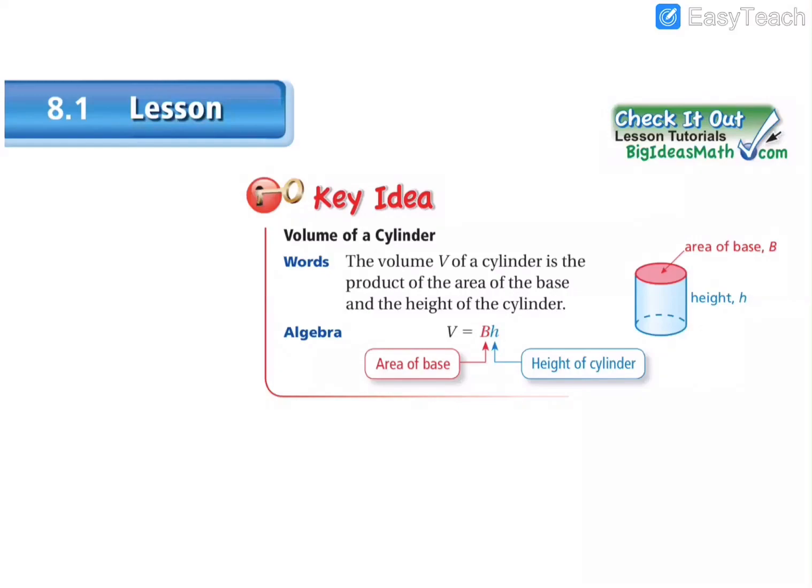cylinder. Alright, so remember we started talking about this before we left, that to find the volume of anything, you are going to find the base, whatever the shape is on the base, and then multiply it by the height.